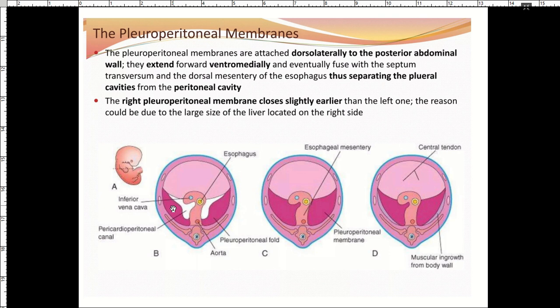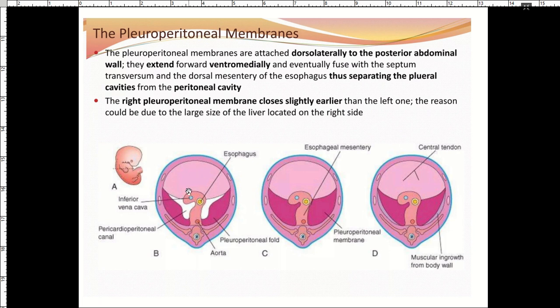So you're going to have the growth of these pleuroperitoneal folds. They're going to extend ventromedially, fusing with the mesentery of the esophagus. Remember, we spoke of the mesentery, which is the dorsal mesentery of the esophagus, as well as the septum transversum.